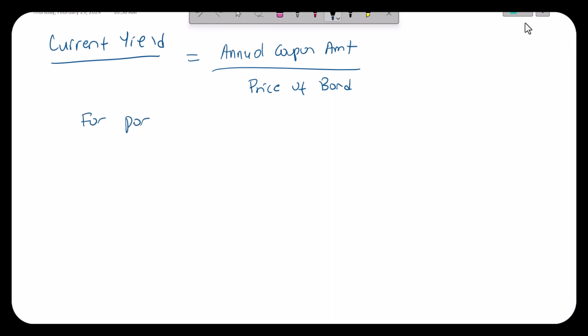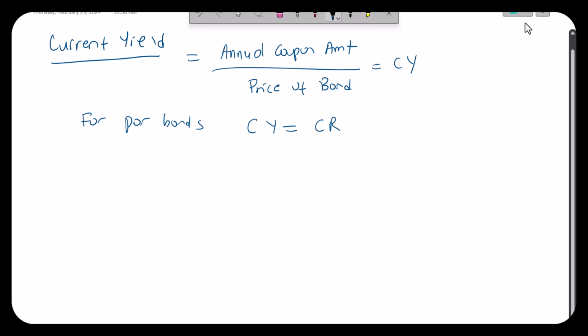For par bonds, and I'm going to abbreviate current yield to CY, CY is the same thing as coupon rate, which is the same thing as yield to maturity. If the price of the bond is 1,000, which is the face value, they are all the same.